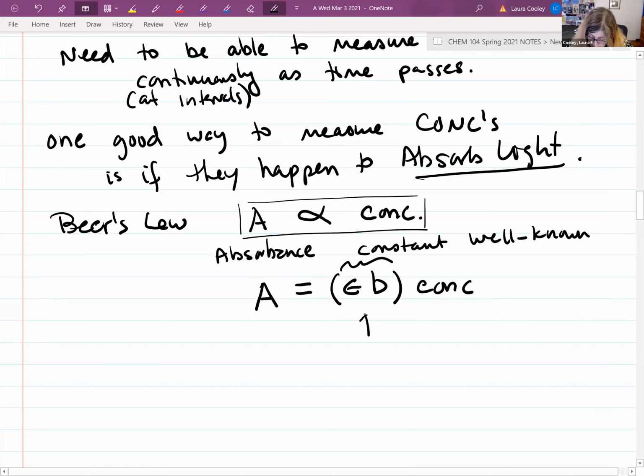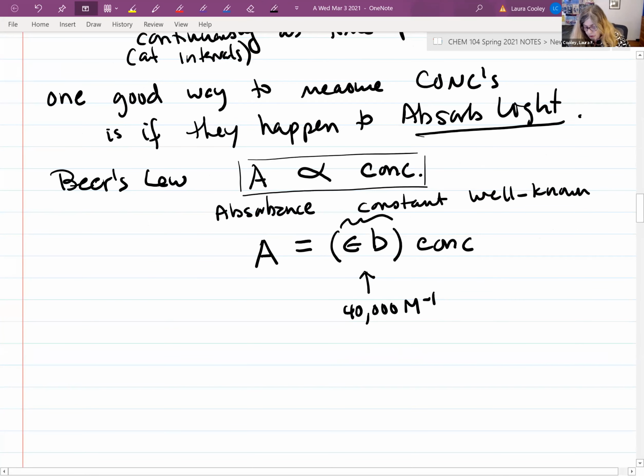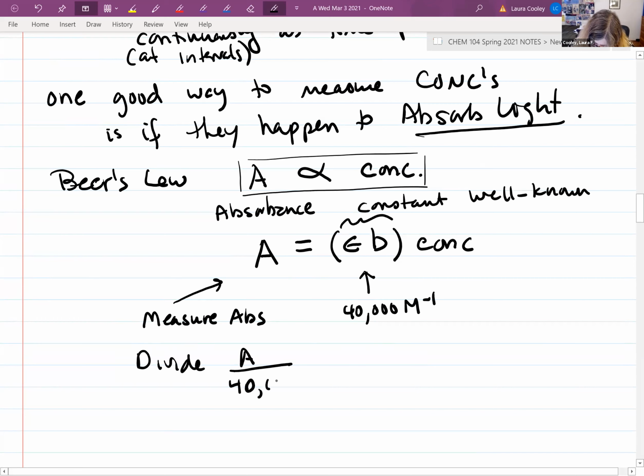In fact, we know that these 2 together equal 40,000 in the funny unit inverse molar. So you multiply that by concentration and it gives you the absorbance. Or alternatively, we could take the measured absorbance. So we're going to measure absorbance as a function of time, as time passes, and divide that absorbance by this constant. And that will give us the concentration in molarity units.